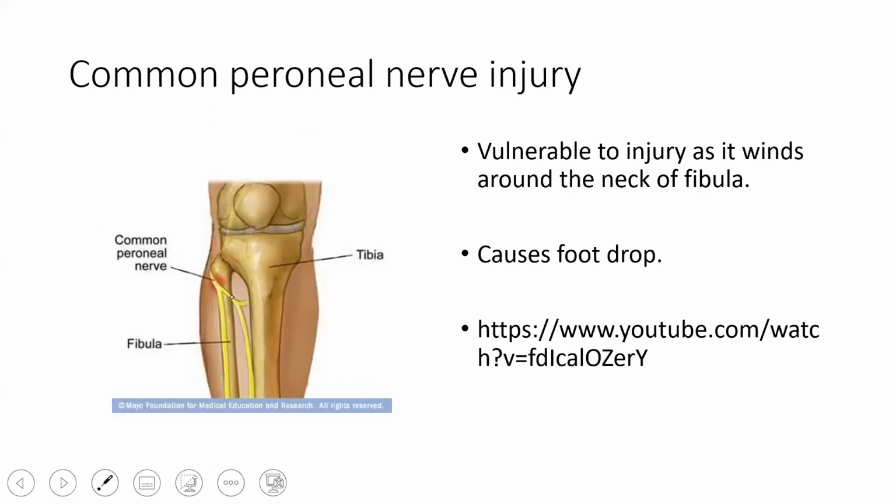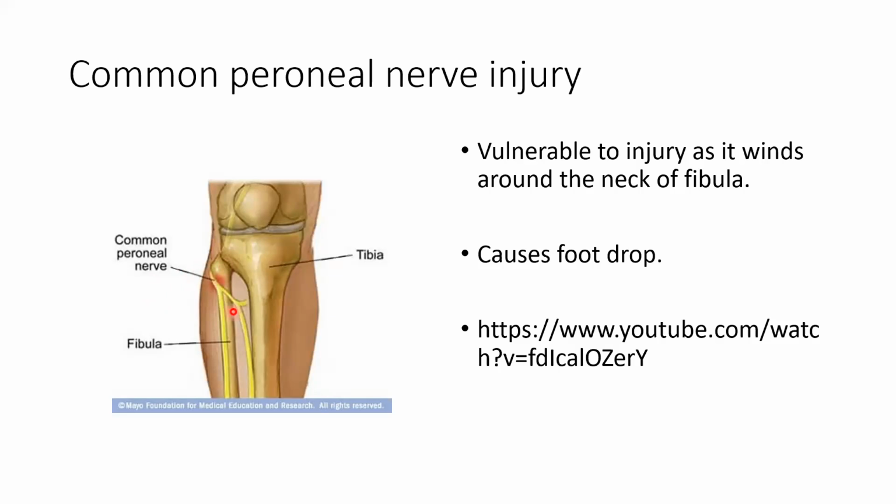So here, when it crosses the neck of the fibula, it's subcutaneous. This area can be felt through the skin. The nerve can be felt through the skin. And because it's closer to the skin, it's susceptible to damage. If there's a trauma, if someone hits you in this area, or if there's a fracture of the neck of the fibula, this nerve will get damaged.